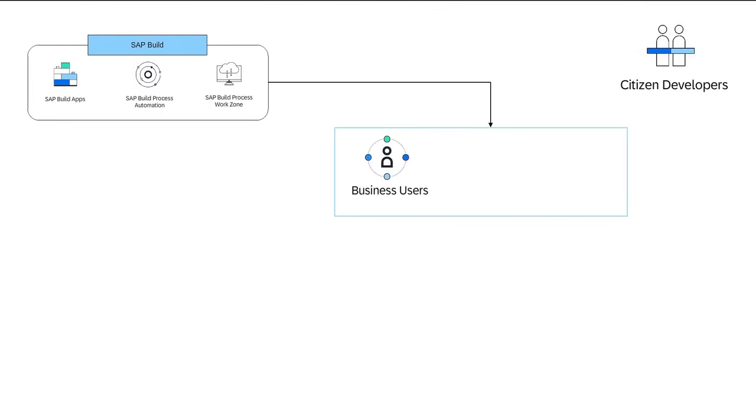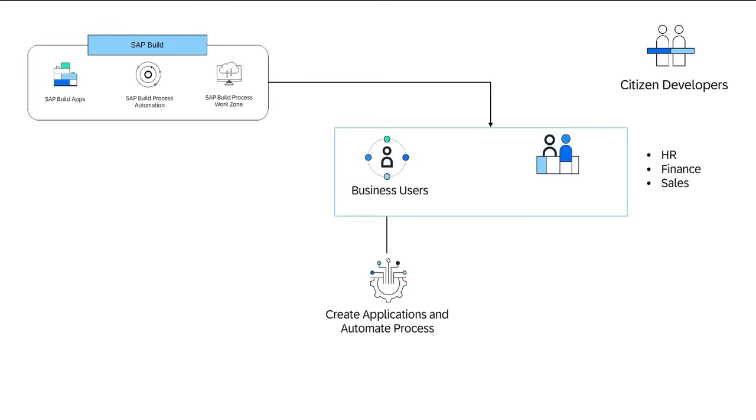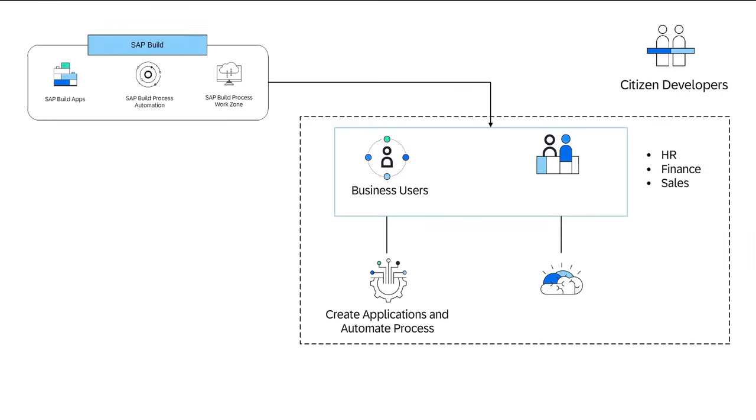SAP Build empowers business users and subject matter experts with a specific domain, for example HR, finance and sales, to create an application and automate processes without needing a computer science background. So we can easily try out our specific needs and improve our business processes directly from the business side.